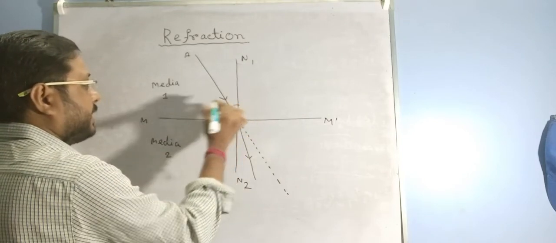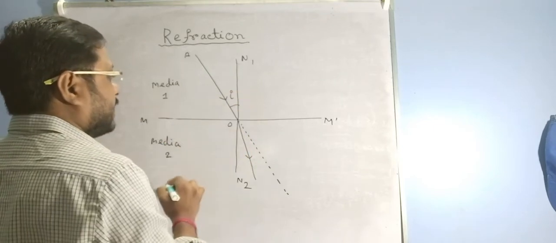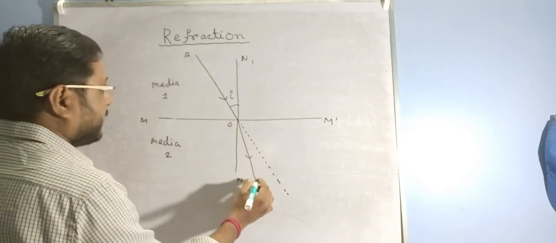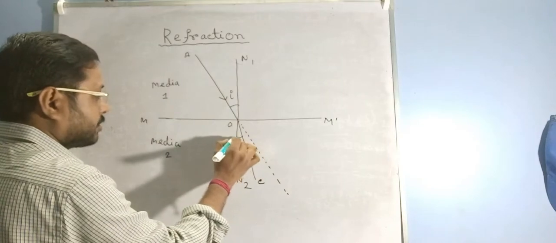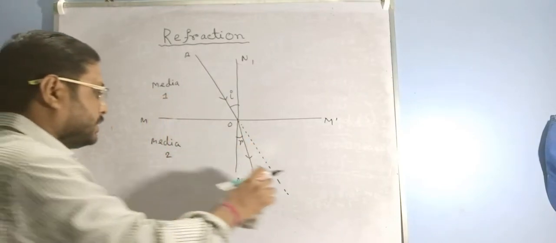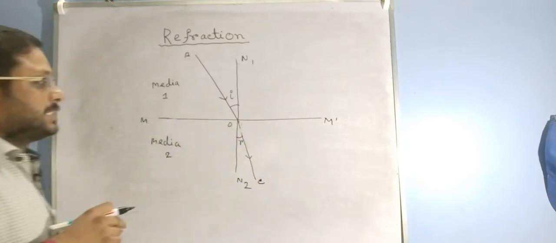The angle the incident ray makes with the normal is called the angle of incidence i, and the angle the refracted ray makes with the normal is called the angle of refraction r. So this is the picture of refraction.